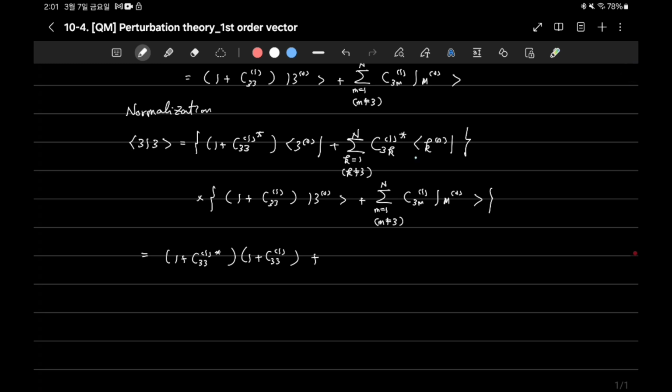So only two multiplications remain for the summations over K and M. Here K and M both do not equal 3, with C3K first complex conjugate, C3M first, and then K and M should be normalized, so Kronecker delta KM.